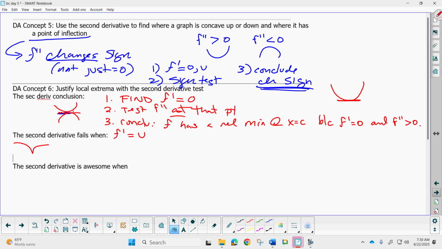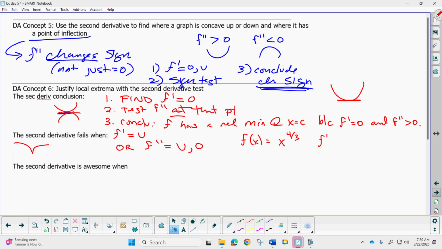Okay, so the second derivative test fails when either f prime is undefined, because that critical number doesn't even exist, but also if f double prime is undefined or 0, then the test will also fail. Let's go with an example of that. What about f of x equals x to the 4/3?